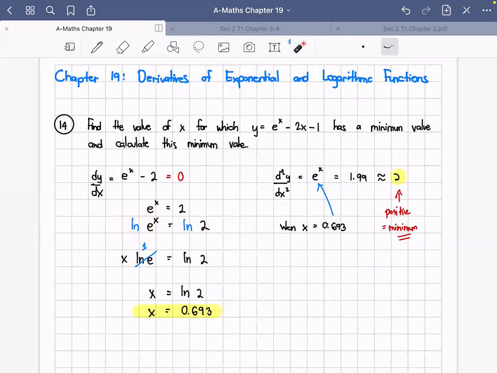So after we put in ln, the x here will be multiplied, from the law of logarithms. So ln of e becomes 1 now, so that's basically just x. And then ln of 2. So solving for that, you get 0.693. And then for your second step, because it's asking for the minimum value, the minimum value is 2. It's positive, therefore it's a minimum value. So that's for number 14.